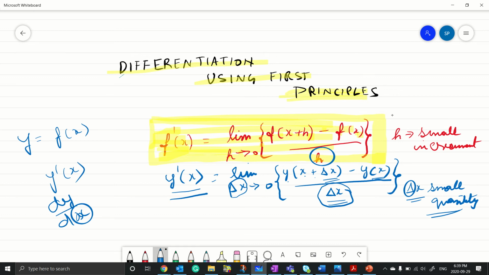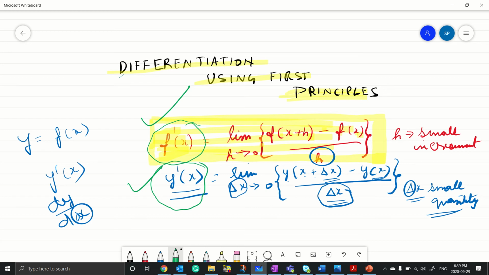If you're comfortable with using f of x, you can use f of x. If you're comfortable with using f dash of x, you can use f dash of x. If you're comfortable with using y dash of x, you can use y dash of x.